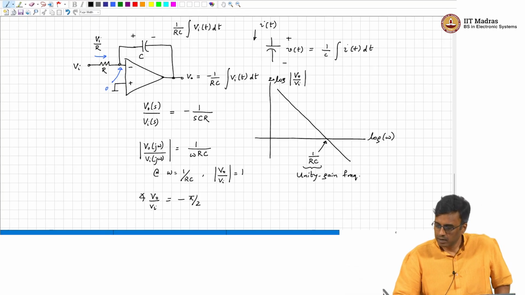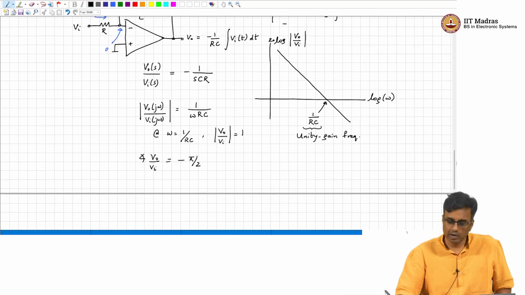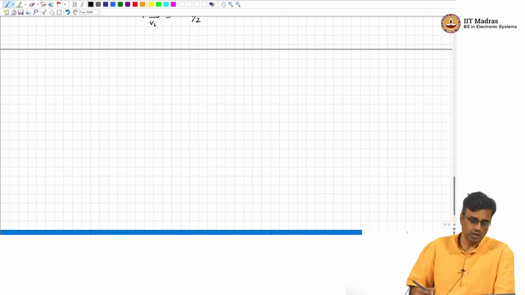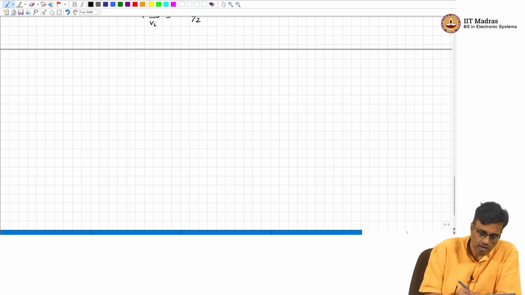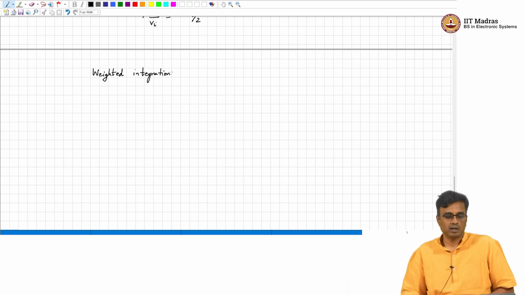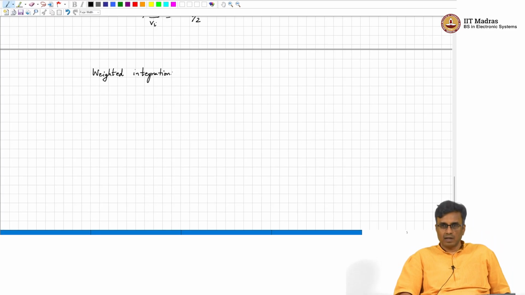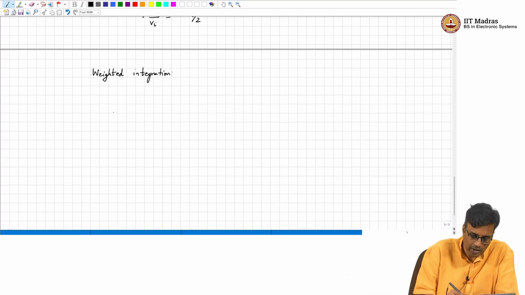All right. Now, a very common arithmetic operation is to add, and it is straightforward now to do weighted integration. Let us say the task is I want to add multiple voltages and integrate their sum. What will we do? Let us again go back to the basics.